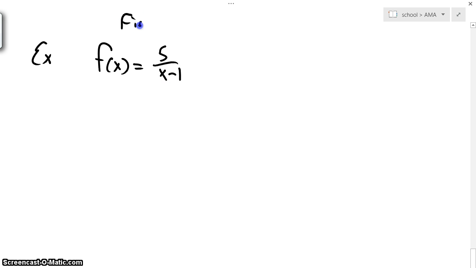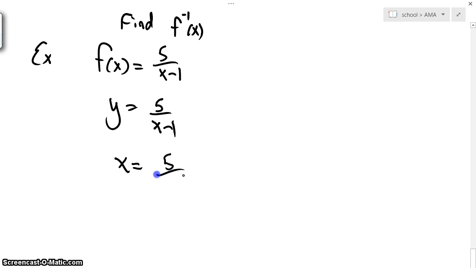And we'll just say find the inverse. Well, here we go again. Write f of x as y. Switch x and y. And at this point, maybe this would be somewhat helpful. I hope it would. We talked about cross multiplying before.